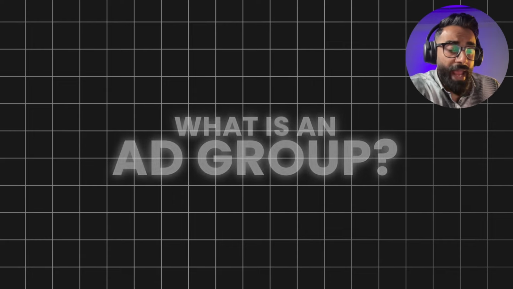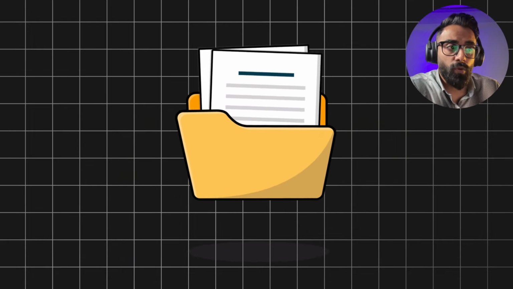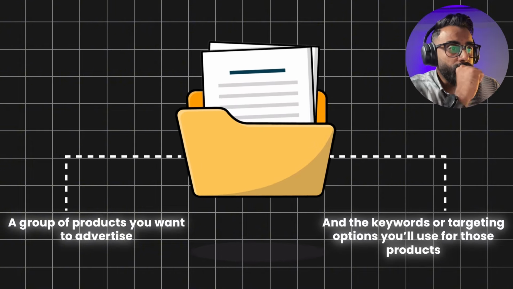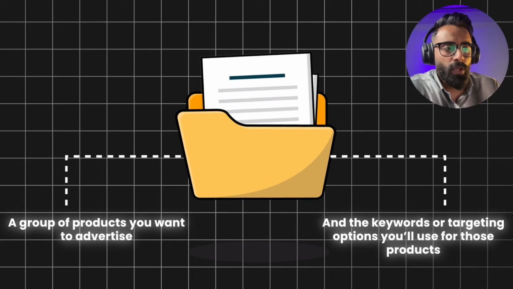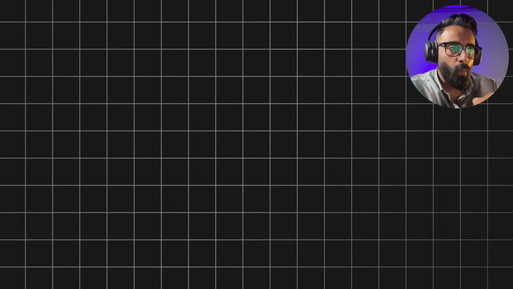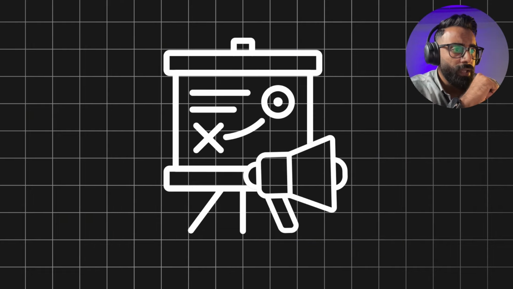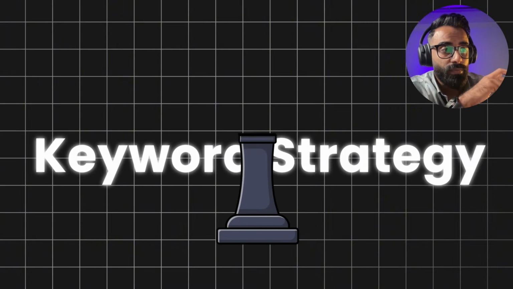An ad group is like a folder inside your campaign that holds a group of products you want to advertise and the keywords or target options you will use for those products. So you can have multiple ad groups inside one campaign. This helps you to stay organized, especially if you are advertising different product variations or want to test different keyword strategies.